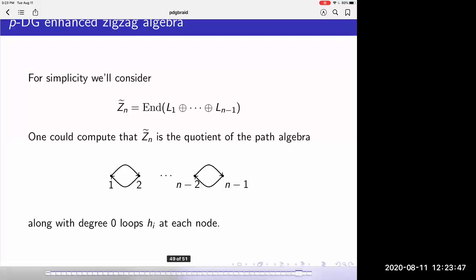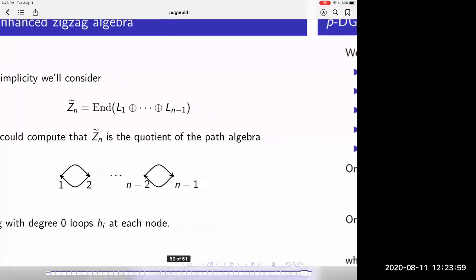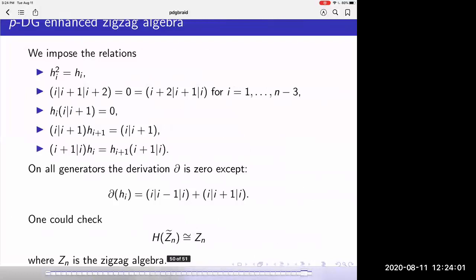This algebra Zn tilde is a quotient of this path algebra. It looks a lot like the zigzag algebra, except that we have an extra generator of degree 0 at each of the nodes. We have the following relations: these extra degree 0 generators are idempotents. We have the old relation that taking 2 steps to the left, taking 2 steps to the right, is equal to 0. And now you have interaction terms between these degree 0 idempotents and the paths of degree 1.